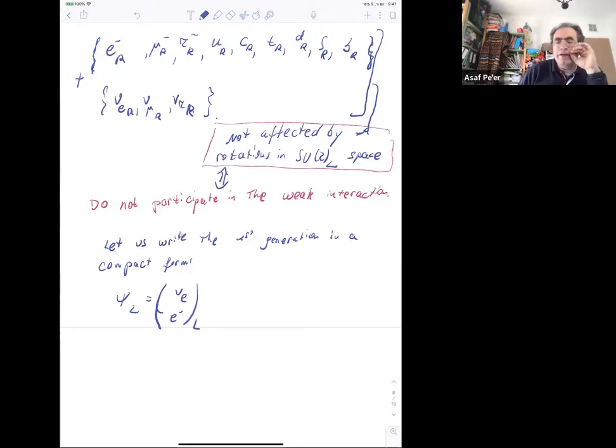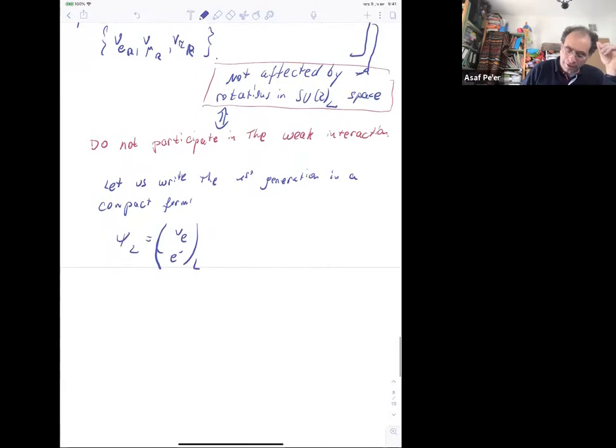Now I'm going to do exactly what I did for QED and QCD. Namely, I'm going to argue that this doublet obeys a local gauge symmetry, which means that the Lagrangian has to be invariant under local phase transformation.